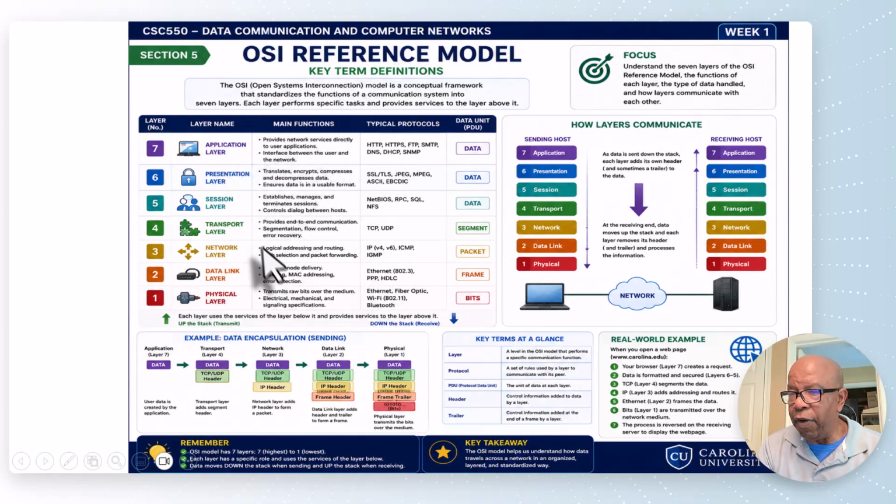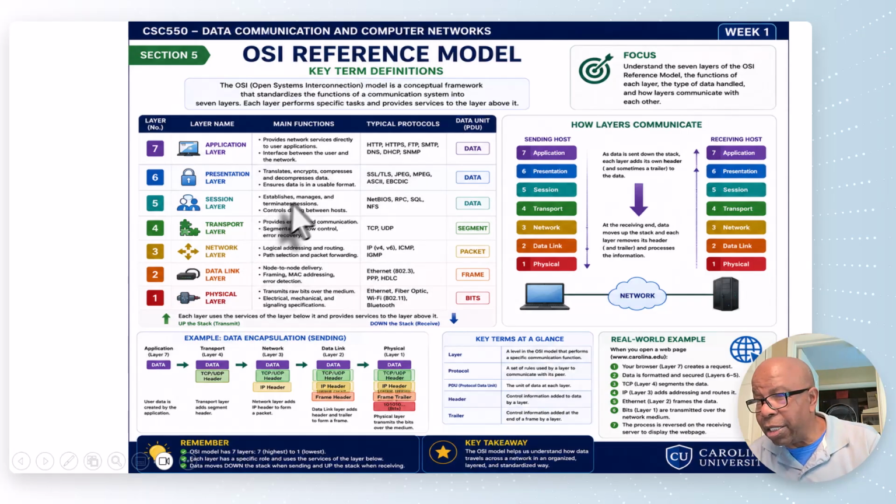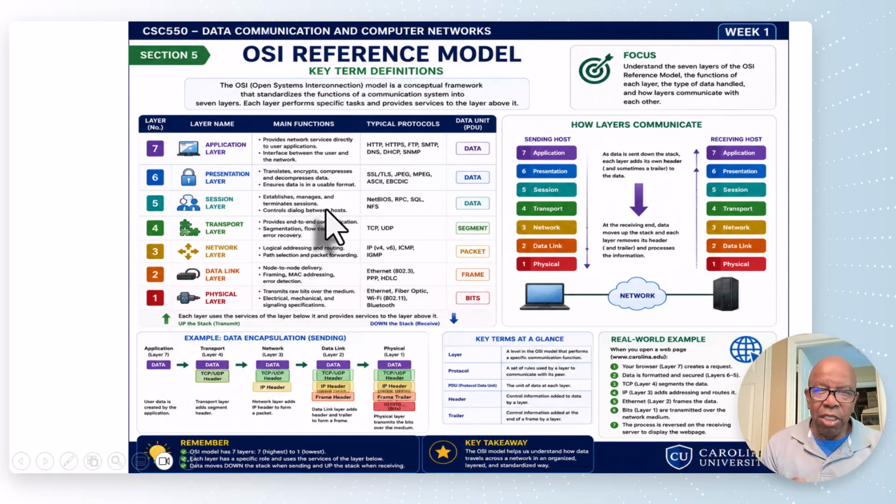Here, we give the main functions of each layer. We'll have a little more detail, and we'll be looking in class at the significance of these. Again, if you look at a particular term and you don't know what it is, look it up. If I look at the session layer and it says it establishes, manages, and terminates sessions, and controls dialogue between hosts, and there's some term in there you don't know, look it up.